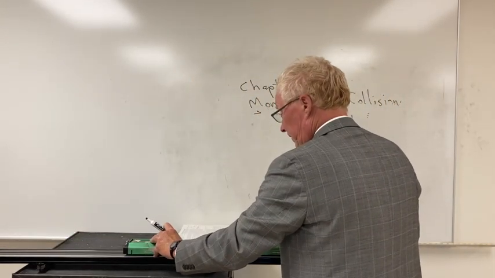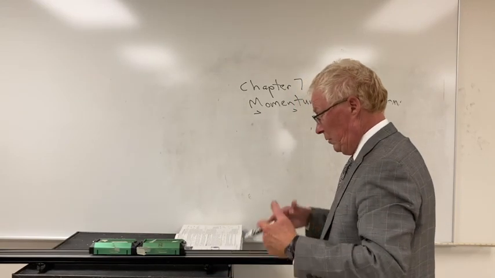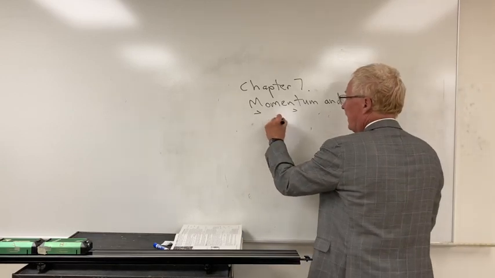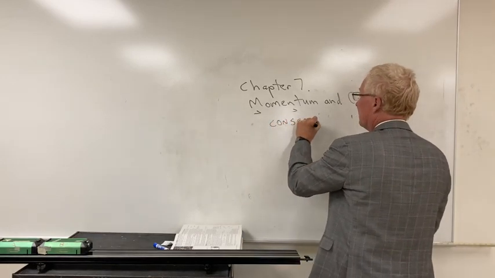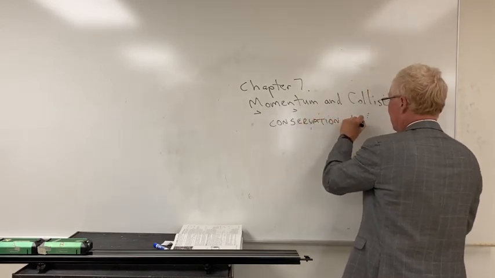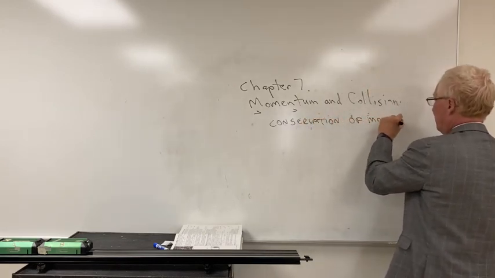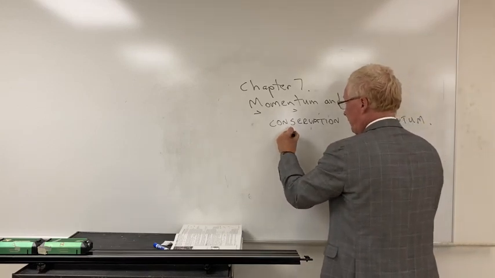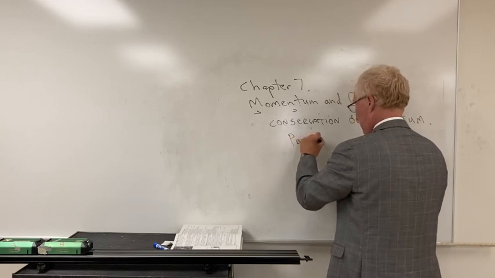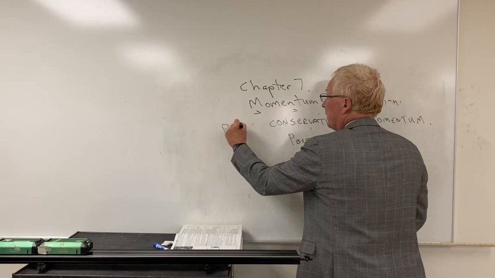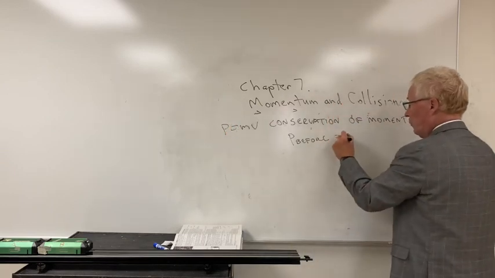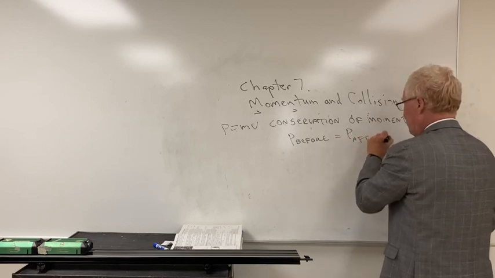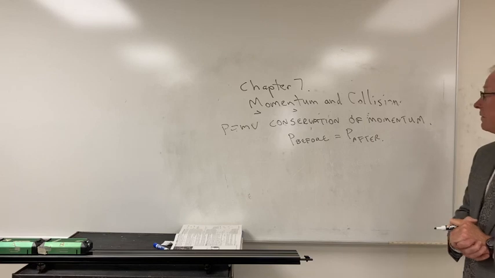Notice how the pair sticks together and goes slower afterwards. We have conservation of momentum in any collision, meaning P before, again, P is given by mass times velocity, equals P after. And this is true regardless of the type of collision you have.